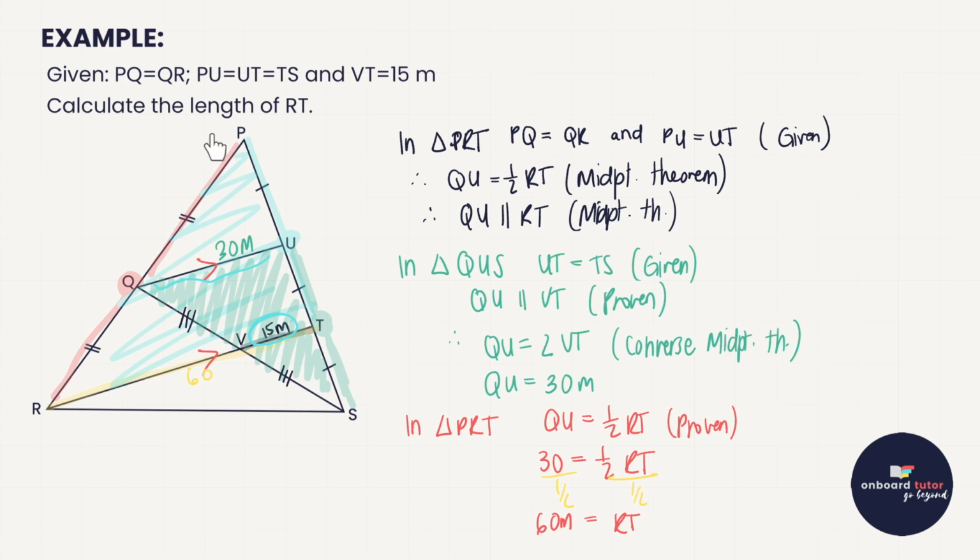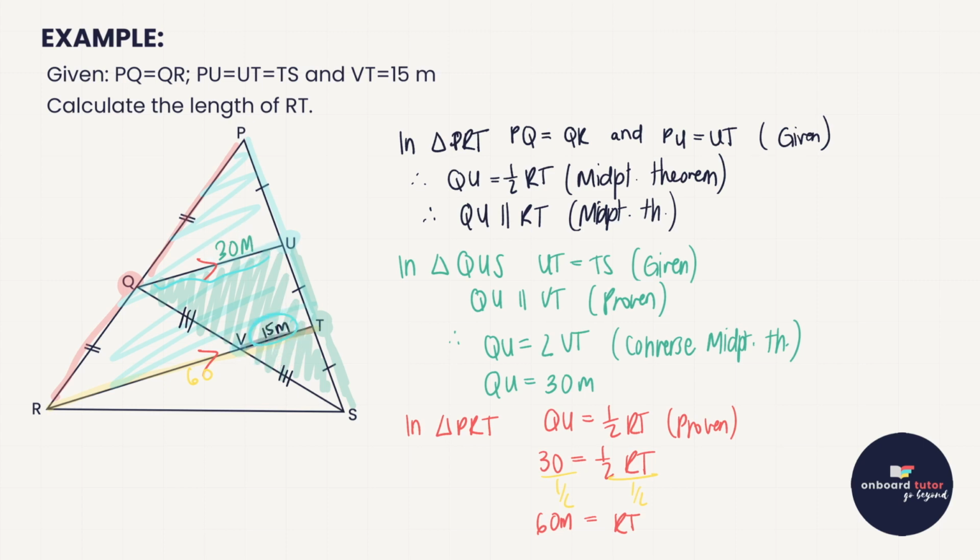Because we had the midpoint theorem, we can say this is parallel to this and half as long. But we had more than one triangle to work in, and remember that can always be the case. So over here, we had this is equal to this. We proved some parallel lines, and so then we had the converse of the midpoint theorem, where this side and this side also create a midpoint over there at V, and then we can apply the same thing.